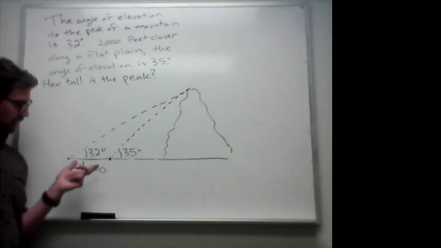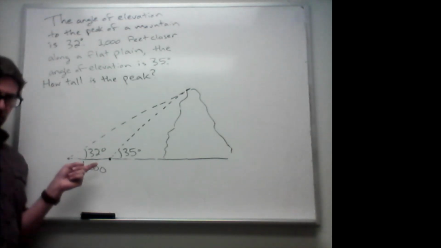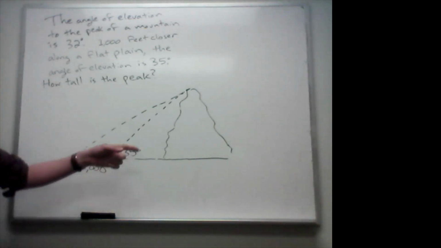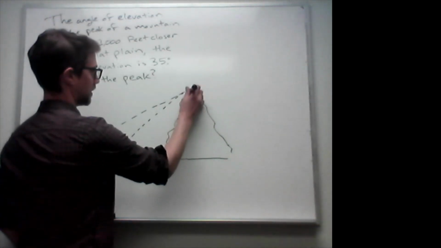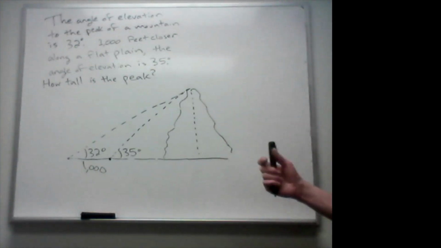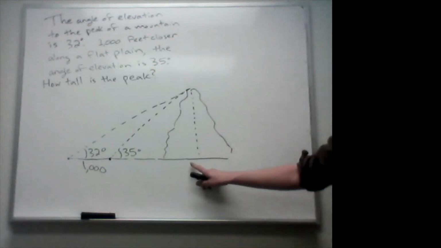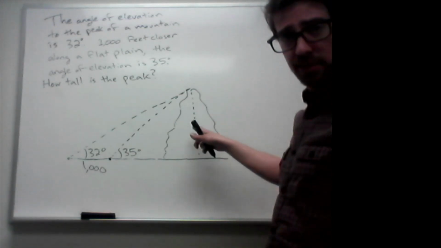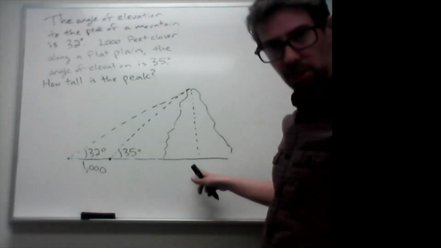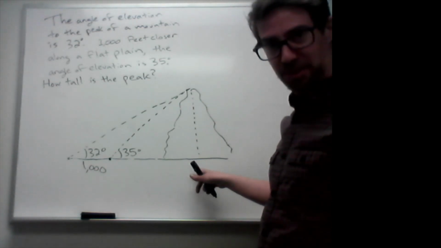All right. So this is all the information we have. The thing we really want is actually this. Right. We want the physical height to the peak. So there is a right triangle in here, right? The problem is just that the leg of the right triangle we want is right down the middle of this mountain, and we can't get to it.